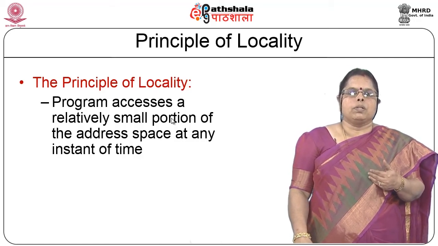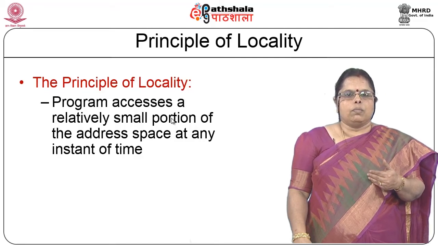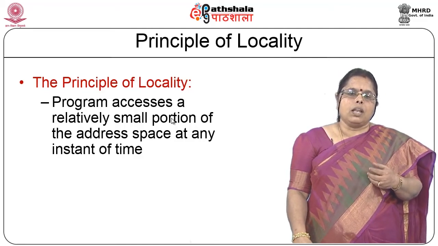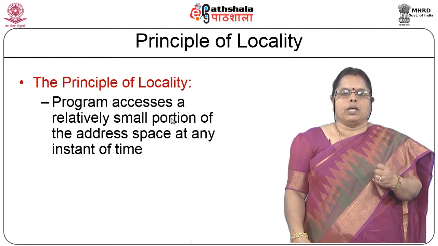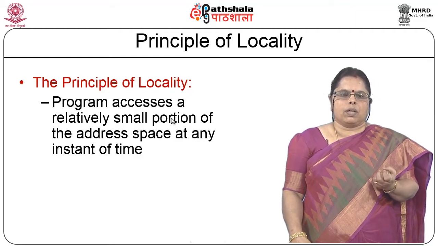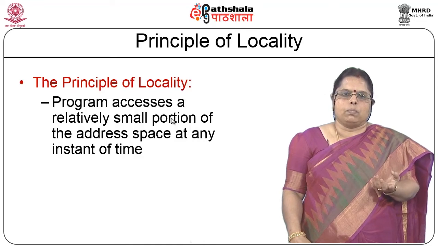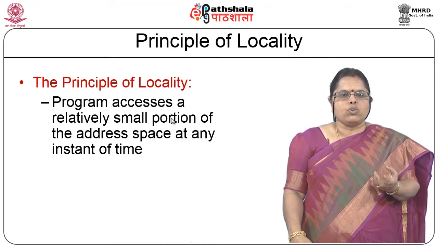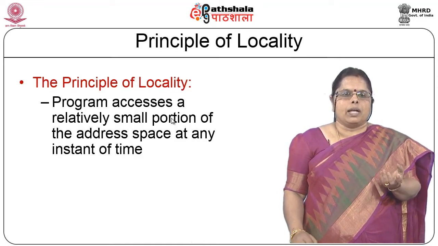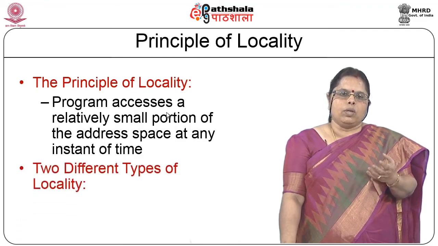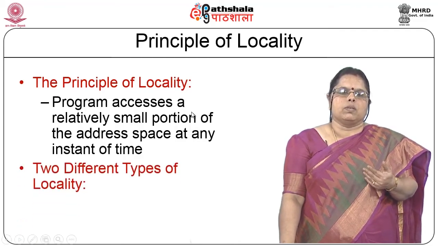What do we mean by the principle of locality? It indicates that a program accesses a relatively very small portion of the address space at any instant of time. We say that the processor spends 90% of the time on only 10% of the code. So, only a portion of the memory is going to be addressed again and again. Based on this principle of locality, a hierarchical memory system will work.